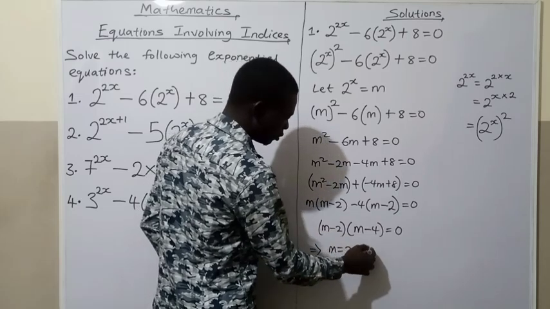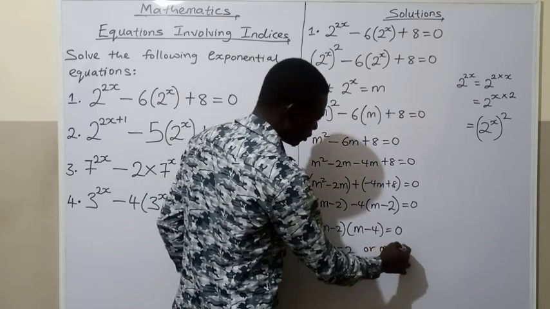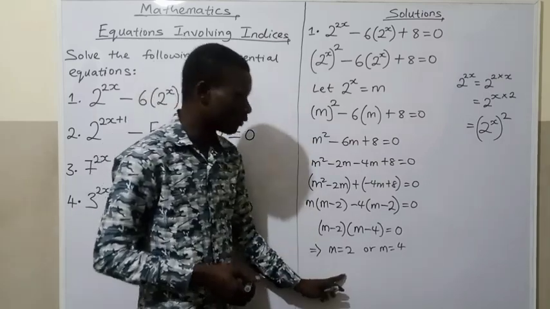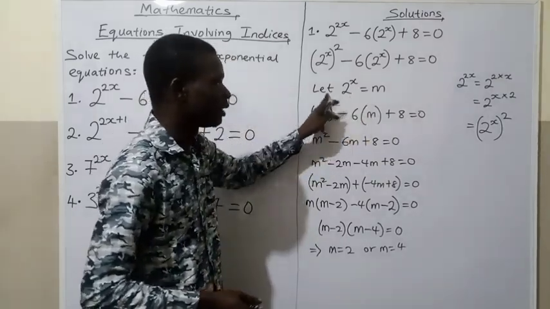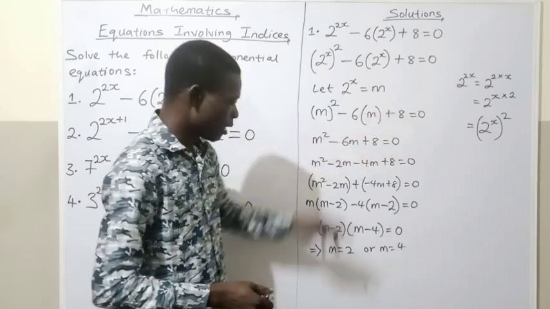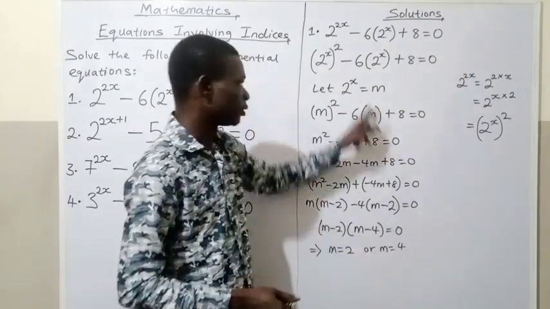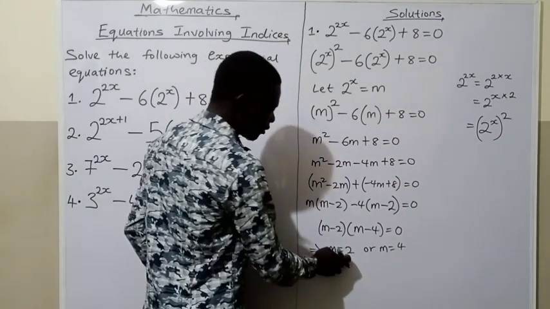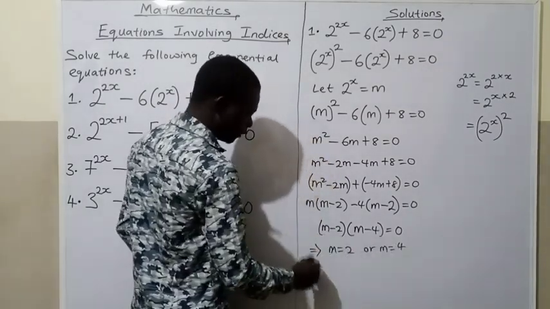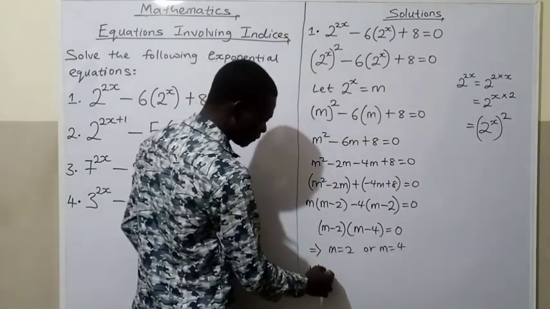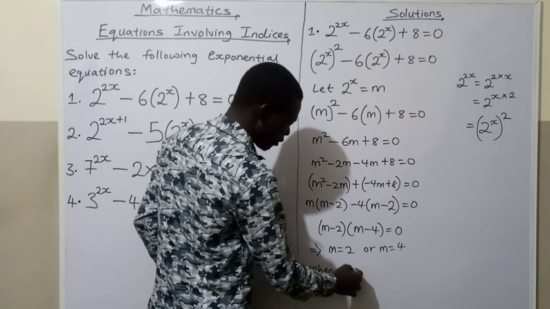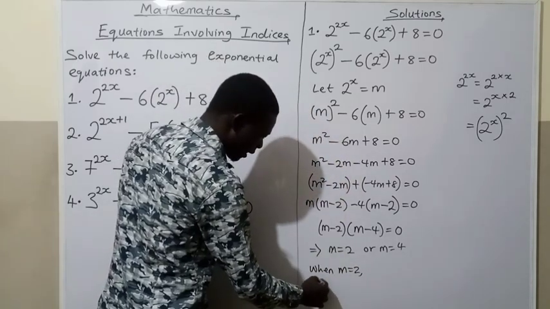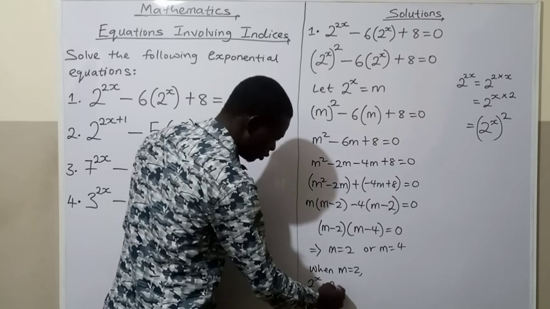M is going to be equal to 2, or m is going to be equal to 4. So when m is equal to 2, of course, there's going to be a value for x, because we say let 2 raised to the power x be equal to m. And when m is equal to 4, there's also going to be another value for x. Now, when m equals 2, it means that 2 raised to power x must be equal to 2.